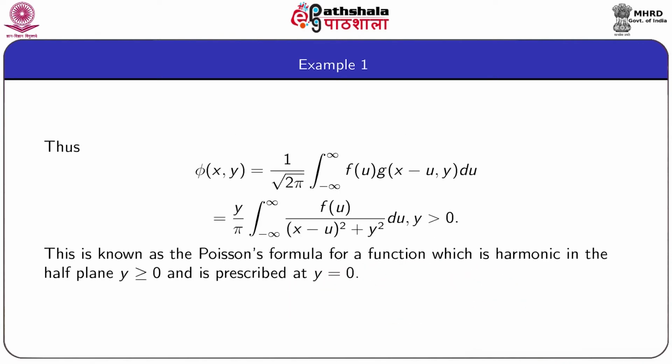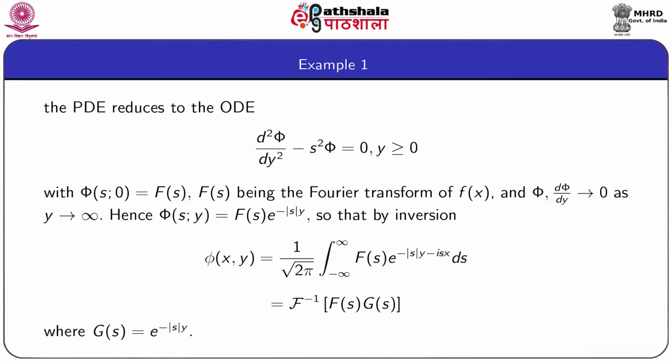Thus, phi(x,y) we can find out as the Fourier inversion of capital F(s) into capital G(s). So, capital F(s) is the Fourier transform of small f(x) and capital G(s) is the Fourier transform of small g(x).